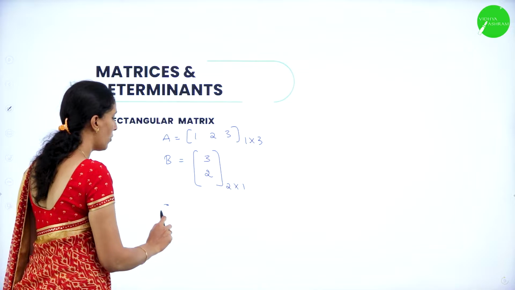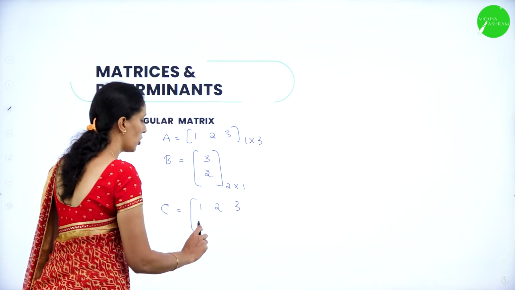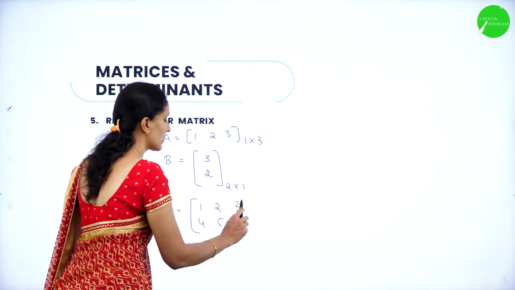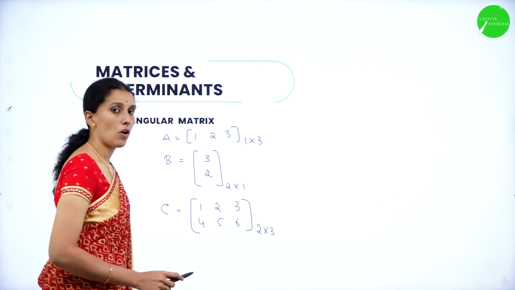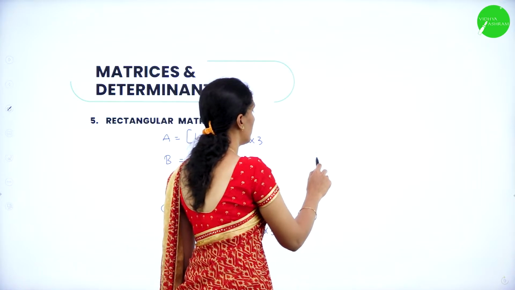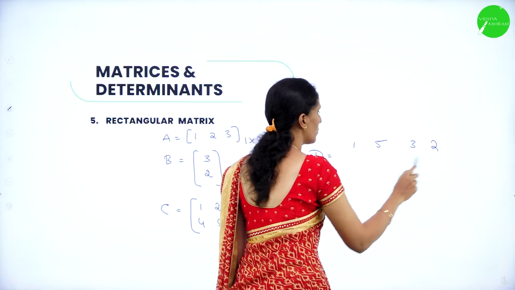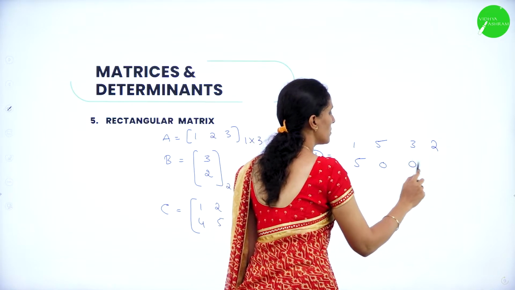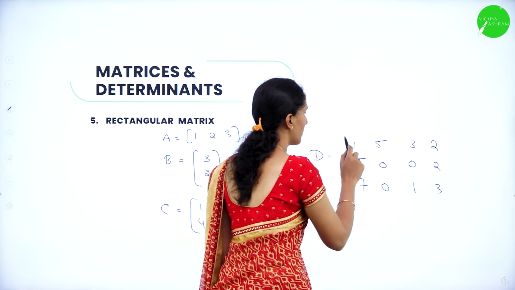I can take one more matrix. 1, 2, 3, 4, 5, 6. So here you have 2 rows, 3 columns. Or 1, 5, 3, 2, 5, 0, 0, 2, 7, 0, 1, 3.